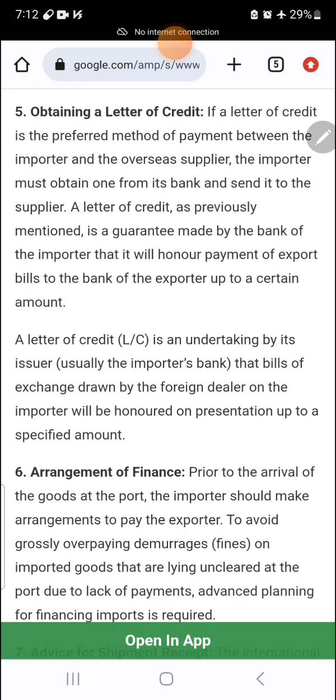A letter of credit, or LC, is an undertaking by its issuer, usually the importer's bank, that bills of exchange drawn by the foreign dealer on the importer will be honored on presentation up to a specified amount.